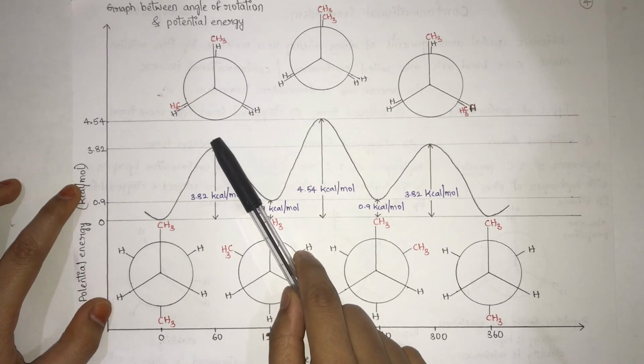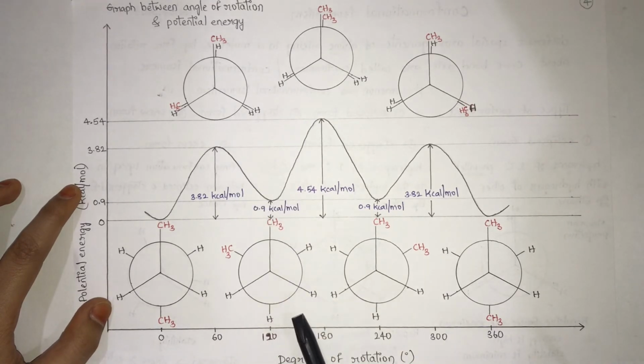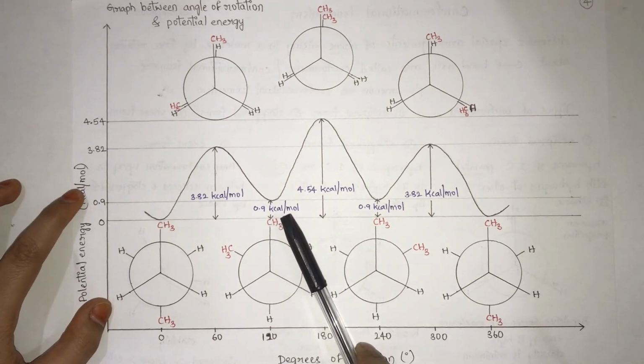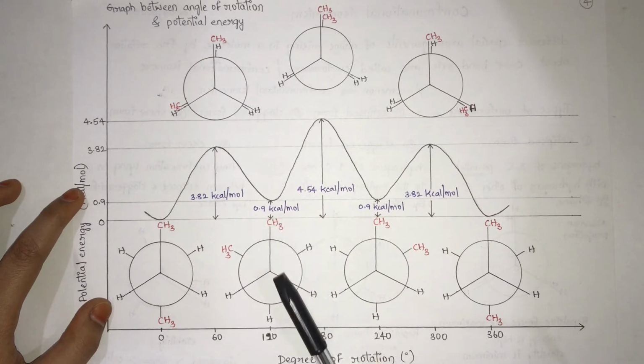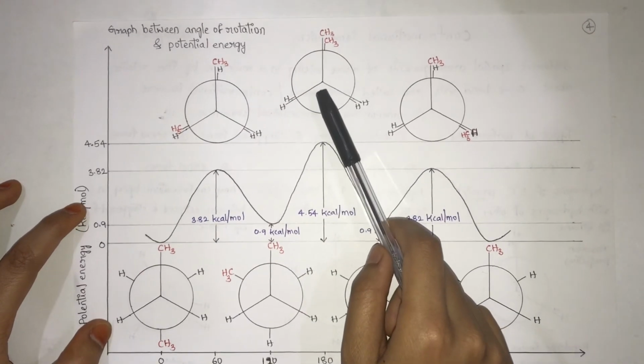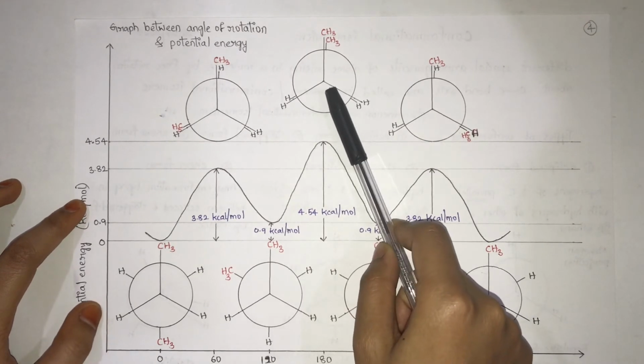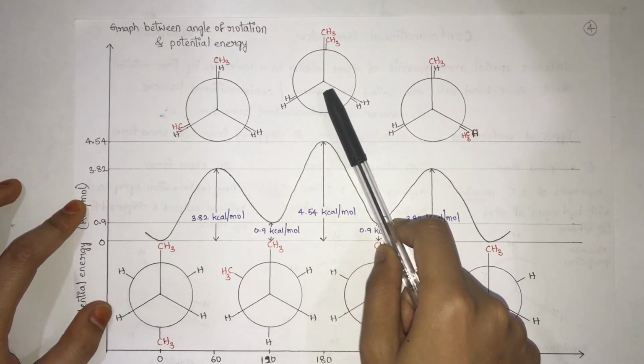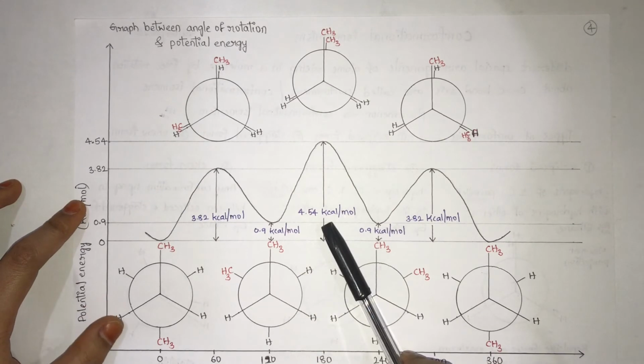Again on rotation by 60 degrees, we are getting partially staggered form, where it is utilizing the energy of 0.9 kilocalories per mole. Again rotating the back carbon by 60 degrees, we are getting fully eclipsed form. So it needs 4.54 kilocalories per mole.